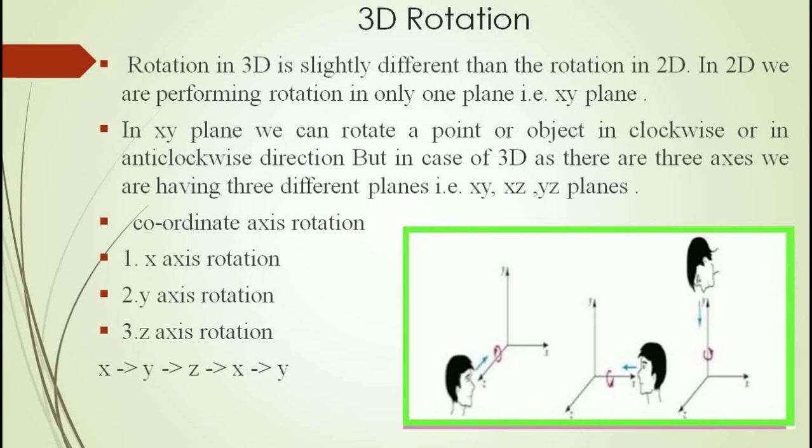In 2D, it is simple to detect the clockwise and anti-clockwise direction. But in 3D, to detect the clockwise and anti-clockwise direction, we look from the positive half of the axis towards the origin. Here this one is our X, Y and Z axis.